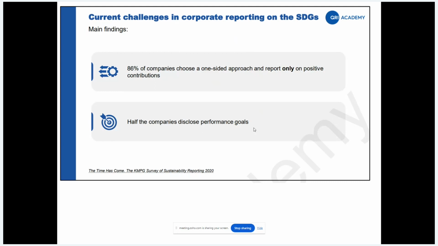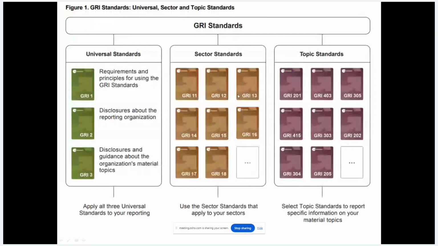So they are not disclosing their targets, they are just disclosing, suppose in any parameter they were targeted to improve by 10% and the actual improvement is only 2%. Reporting that 2% would be comfortable. But if they say that against 10 it is 2%, it will not be appreciated by the people.